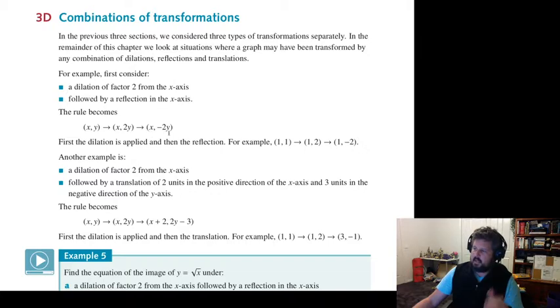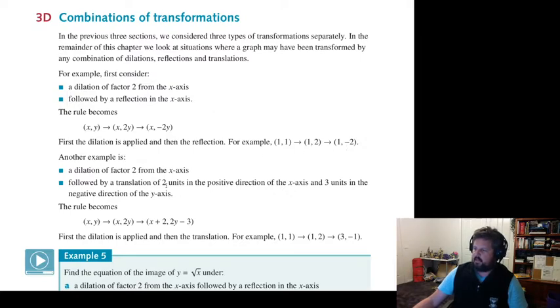Again, if you have that and you've got some coordinates, let's say you had the coordinate 1, 1, showing how those two combinations are transformed. Obviously nothing's happening to this x value, but the first step was the y value was multiplied by 2, which we can see happens there, and then the next transformation was it was reflected in the x-axis. That becomes negative.